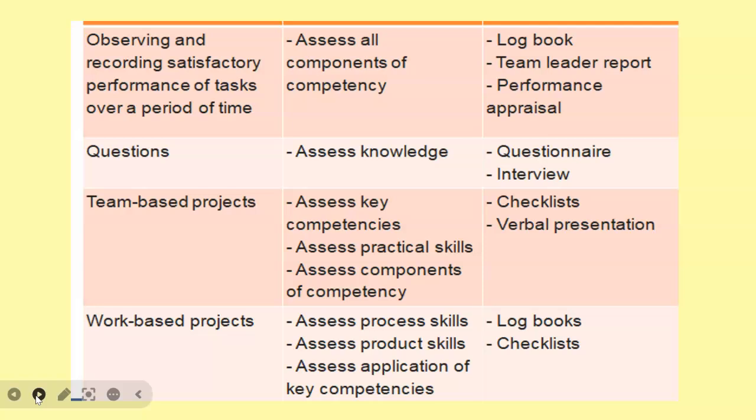Team-based reports assess key competencies and practical skills, and you can use a checklist and verbal presentation. Work-based projects assess skills in a product or process and application of key competencies, and you can use logbooks and checklists.